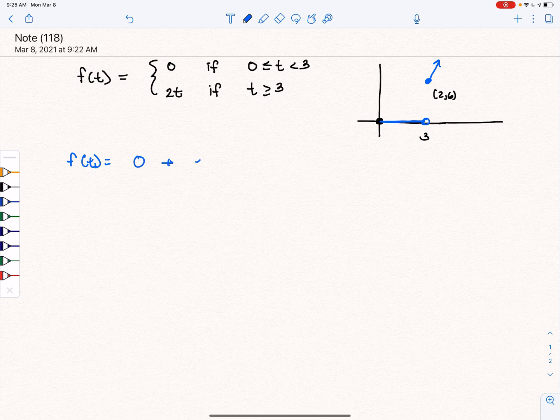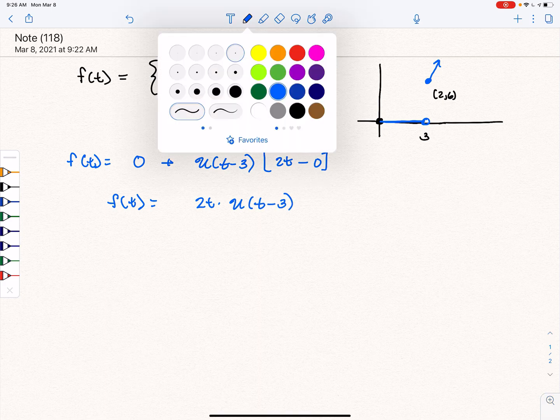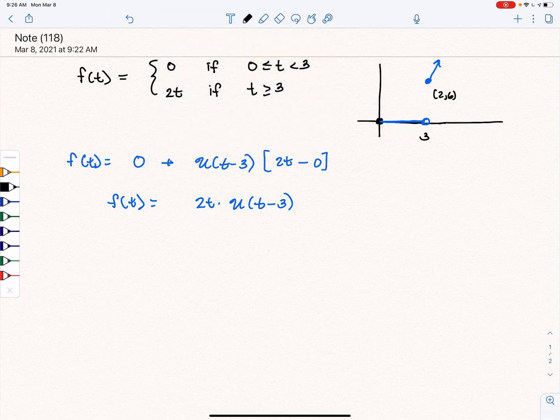And then at t equals 3, which means we're going to be multiplying by a unit step at t minus 3, the change in the function is that 2t comes in and 0 goes out. So we basically just have that f of t is equal to 2t times the unit step of t minus 3. Now remember, the Laplace transform of a unit step has to do with also the original function being shifted the same way.